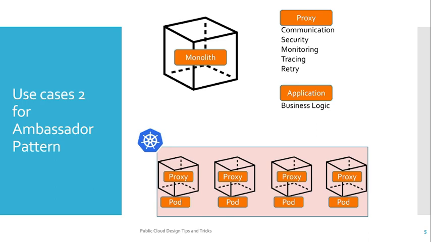But when you split this monolithic into microservice pattern, in that case, the business logic will be different for each component. But the communication, security, monitoring, tracing, retry, these can all be clubbed into a shareable component and can be deployed to all the pods inside your Kubernetes architecture or in your microservice architecture.